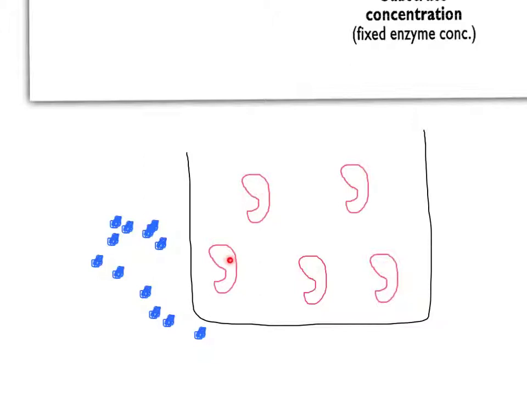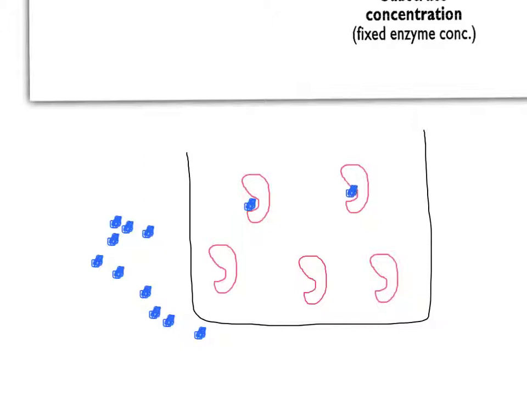When there's no substrate, there can be no enzyme substrate complexes forming and no product forming, therefore the rate of reaction is 0. However, if I add a substrate molecule, it will eventually bind to an enzyme and form an enzyme substrate complex, the product.